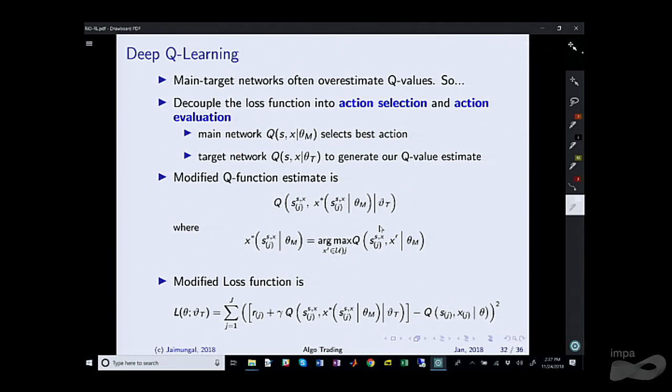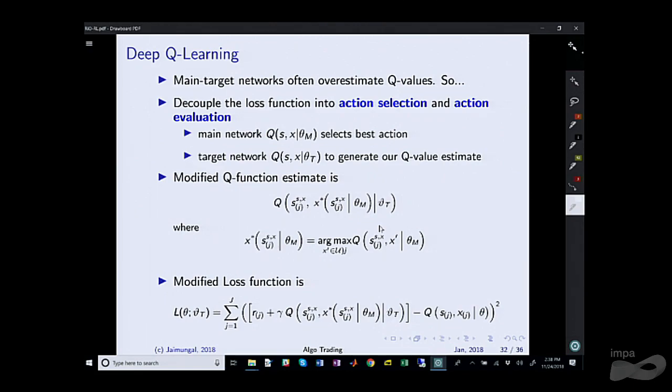One final generalization. Whoop, what happened there? That was weird. One final generalization is that it's actually a good thing to decouple this notion of taking an action and deciding which one you want from what's the value of taking that action. This is double deep Q learning.